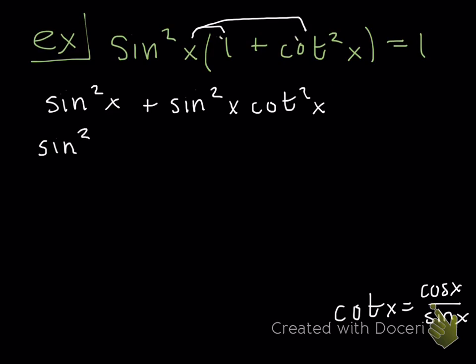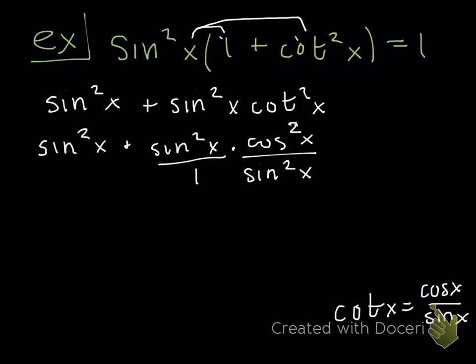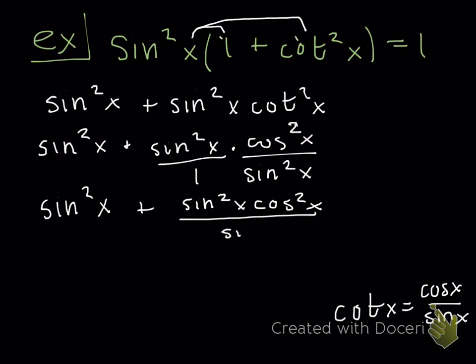If it's cotangent squared, I just make everything squared. So I have sine squared of x plus sine squared of x times cosine squared of x over sine squared of x. Now I want to put these two fractions together, and when I multiply, I multiply straight through top, straight through bottom. So I have sine squared cosine squared all over a sine squared.